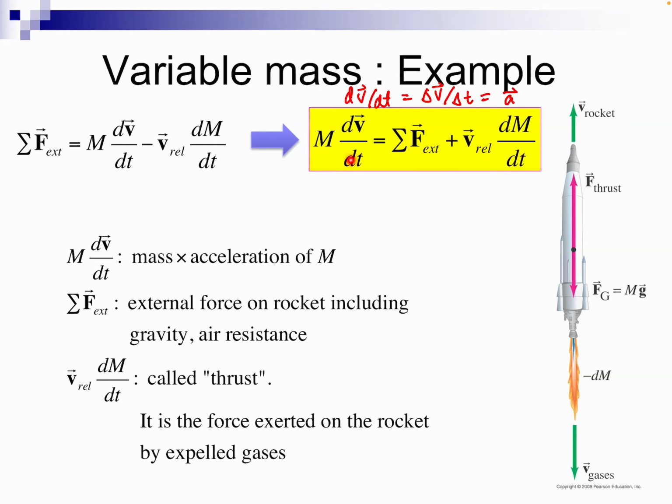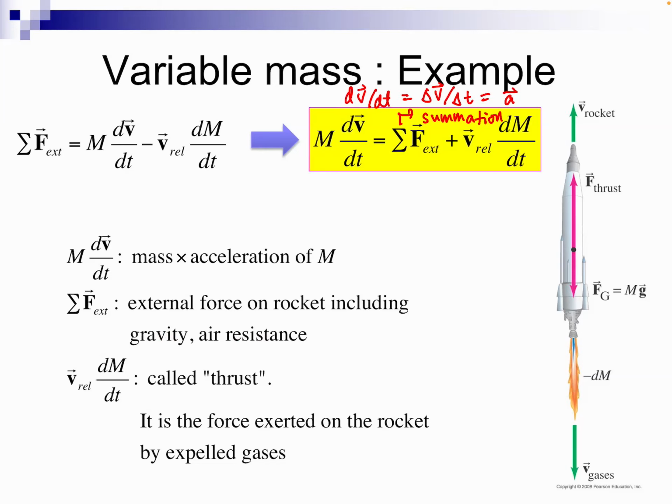So this left side is equal to mass times acceleration of the rocket. This symbol here is called the summation. Summation means you just add up all the external forces involved. So this is all the external forces on the rocket. That includes gravity, air resistance, and all the other external forces acting on the rocket.